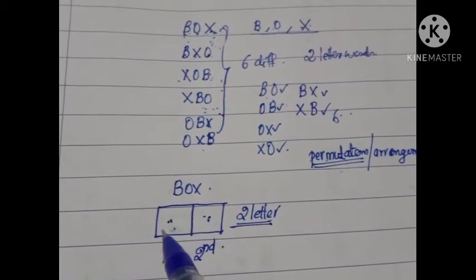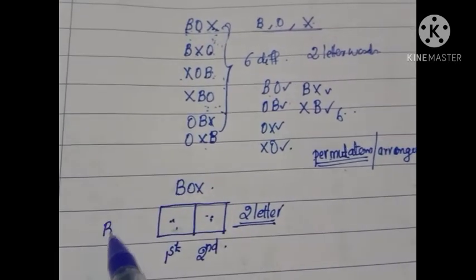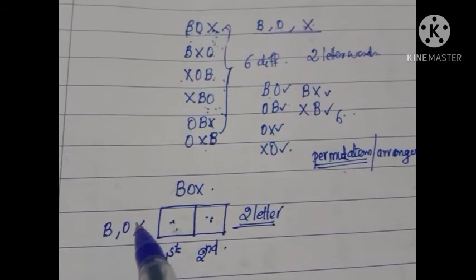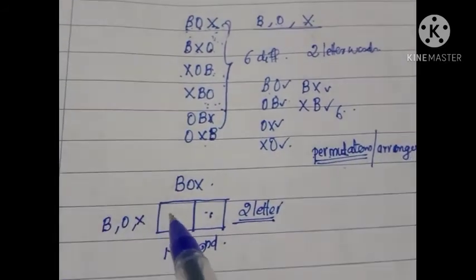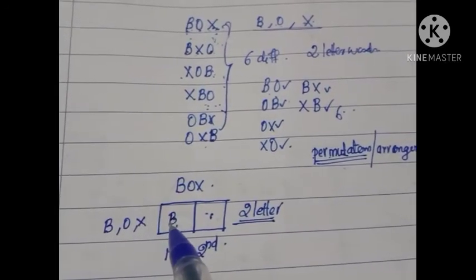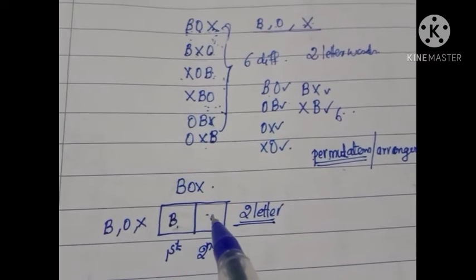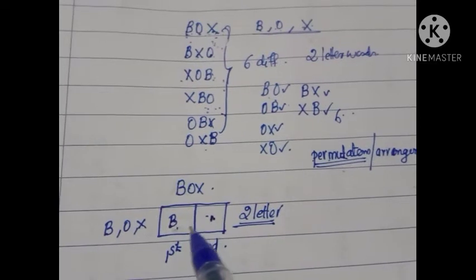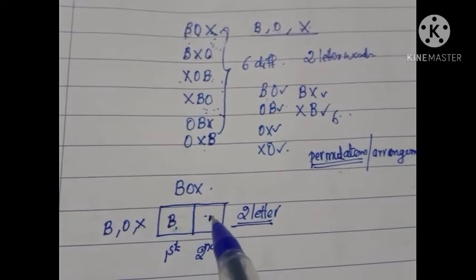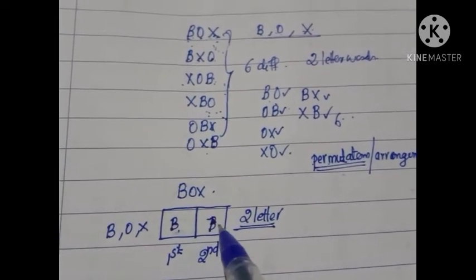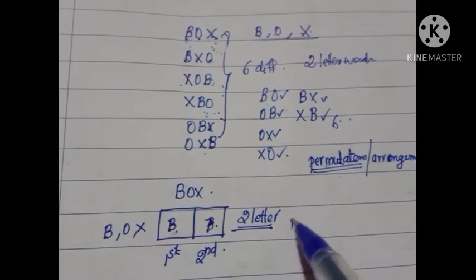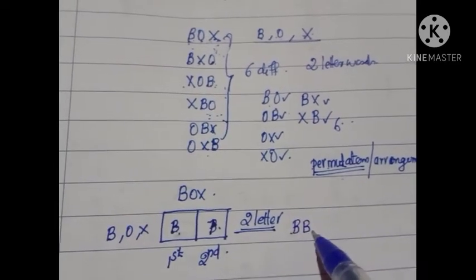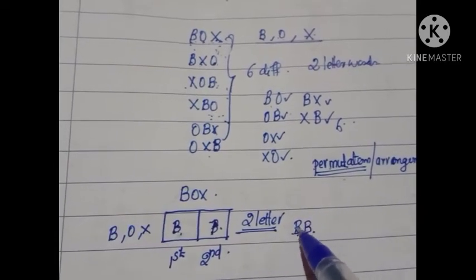Now in this first place we can write either B or O or X, isn't it? Suppose I am writing B. Then we can write O or X here. Never write B. If we write B, then it is a word like BB, so the letter B is repeated.